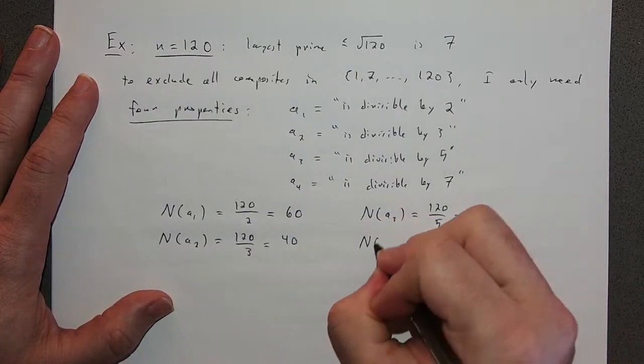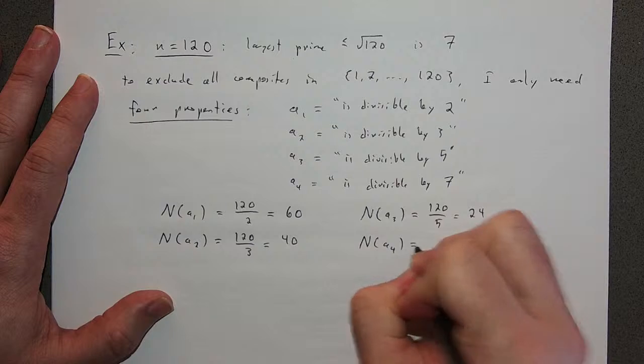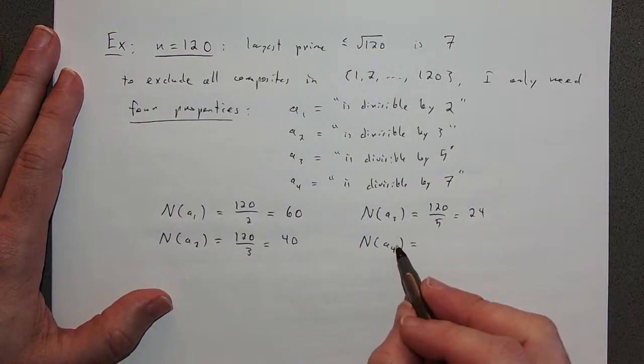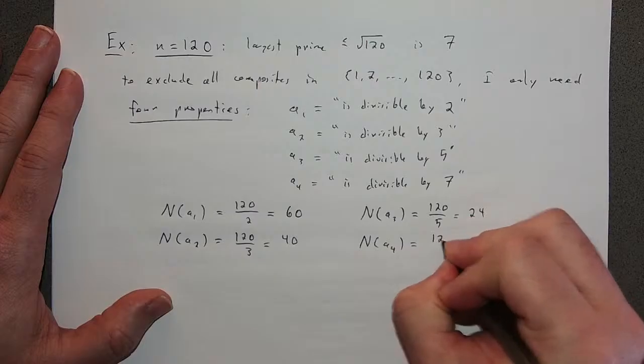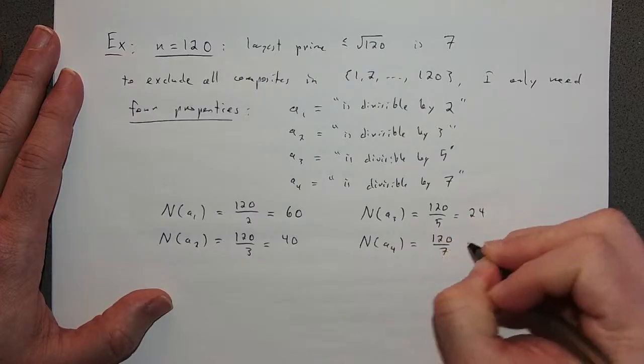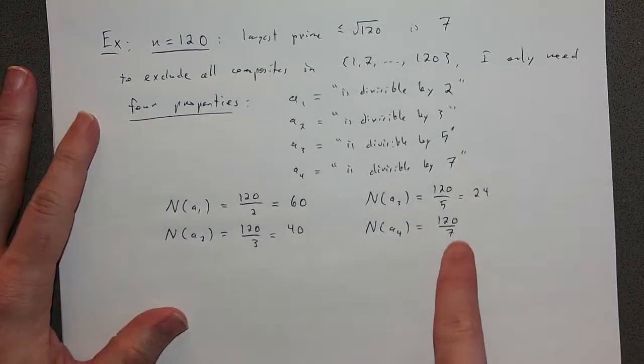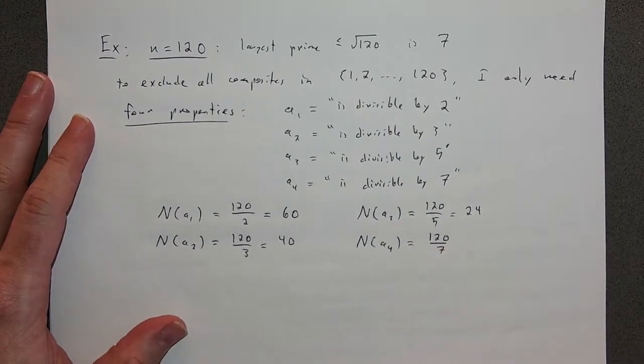And what about the last, divisible by 7? You might say clearly this is 120 divided by 7, but you immediately see that doesn't make any sense. This is not a positive integer. This is not an integer.